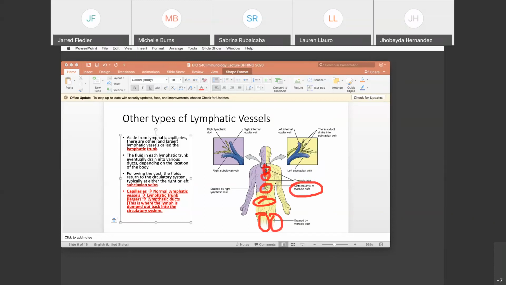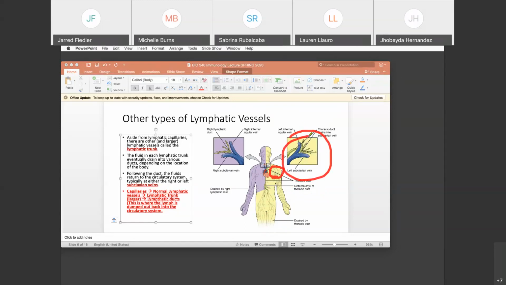Now as you go up further on the left side, I'm talking about over here, like your left subclavian, where your left clavicle is, that's going to be dumped into the left subclavian jugular area, right over here. It's going to dump everything into there.